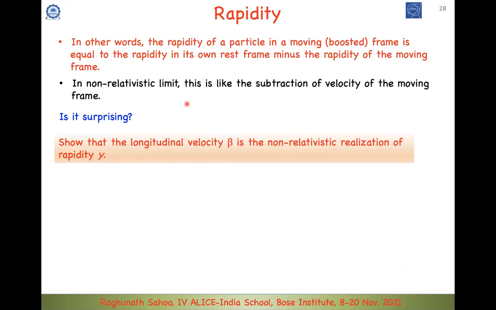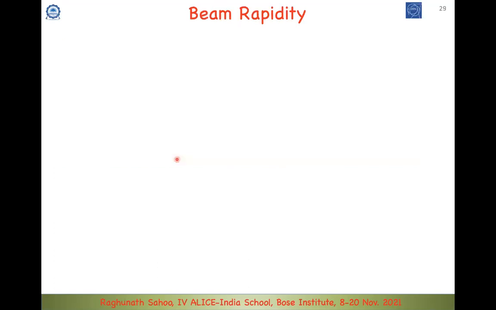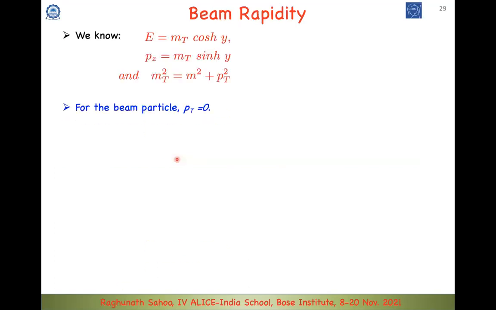Is it surprising? The answer is no, because you can also show that the longitudinal velocity beta is the non-relativistic realization of rapidity Y. There is a discussion on this in a book as well.